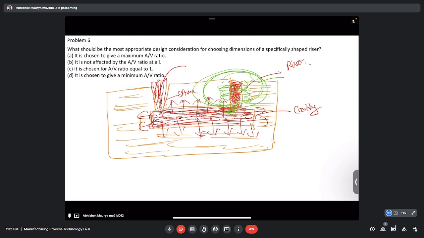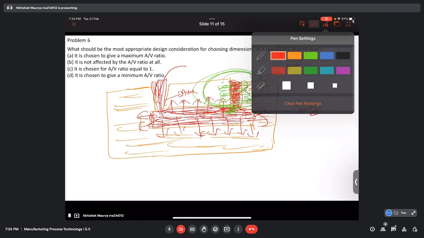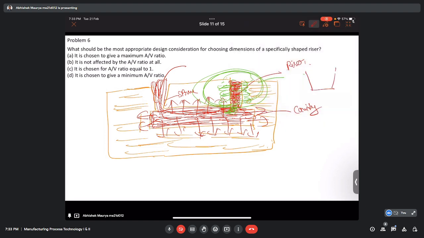Suppose we have the same amount of molten metal. Let's say we have one bucket of molten metal.